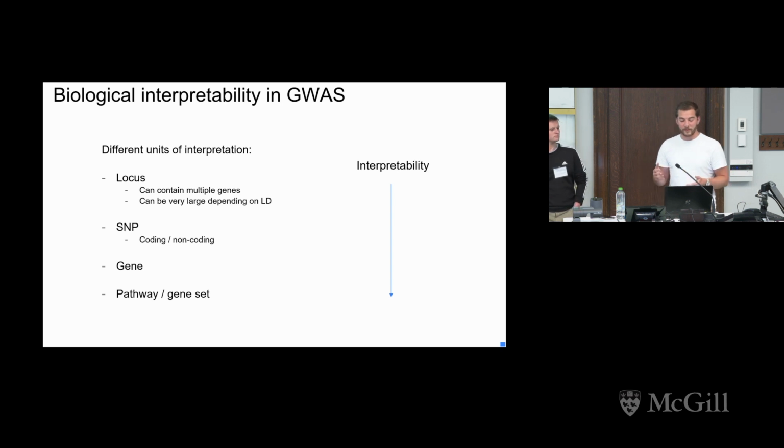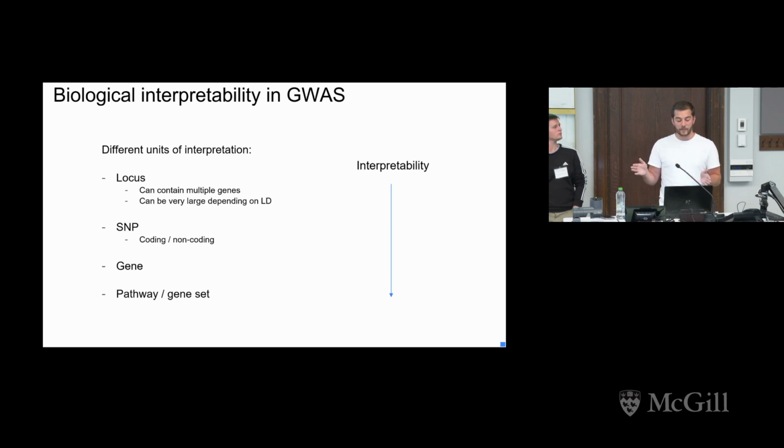But when we're talking about functional annotation, one thing that we're very interested in is the biological interpretability of our GWAS. So there are different units of interpretation when you do a GWAS. You find anywhere in your Manhattan plot one of these peaks, right? There's a locus where there seems to be an association between the genetics of the people that you've researched and the phenotype that you're researching.